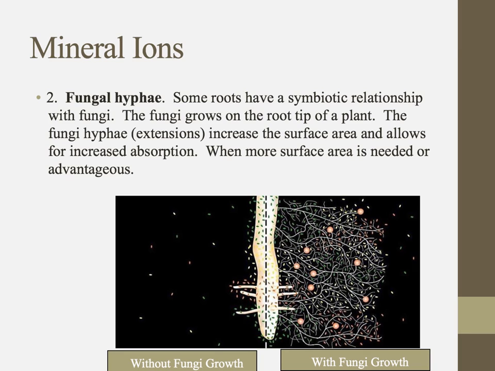Let's say that it's able to accomplish this symbiotic relationship with fungi, and fungi have these hyphae which are able to absorb things. Now look at all of the surface area that this root now has available for absorption. So this increases the surface area in times when an increase in surface area is either needed or advantageous, like low nutrient soils, etc.